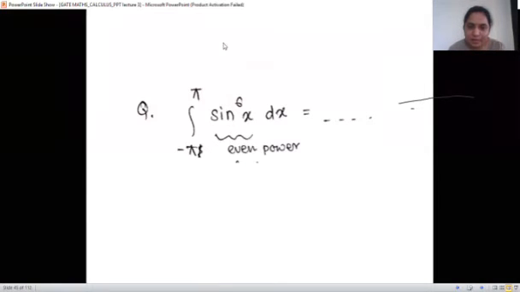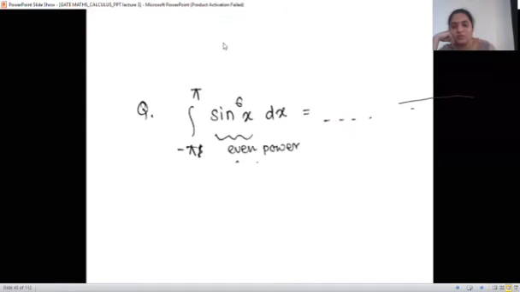As the limits are minus pi to pi, your first thing is you have to check even odd. So the given function is even. Sine is odd, but it is having power 6. Sine raised to 6, so odd raised to even power, the function is even. And in case of even, how to write integration minus a to a?